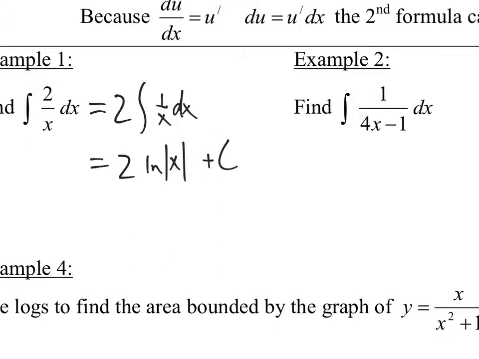X squared. Yeah, remember, if I have a coefficient here of 2, I could make that an exponent. And think about it. Once I make it x squared, I don't need the absolute value anymore, do I? Because if I square something, it's going to be positive. So ln of x squared plus c would be another way that I could write that same answer. Okay?